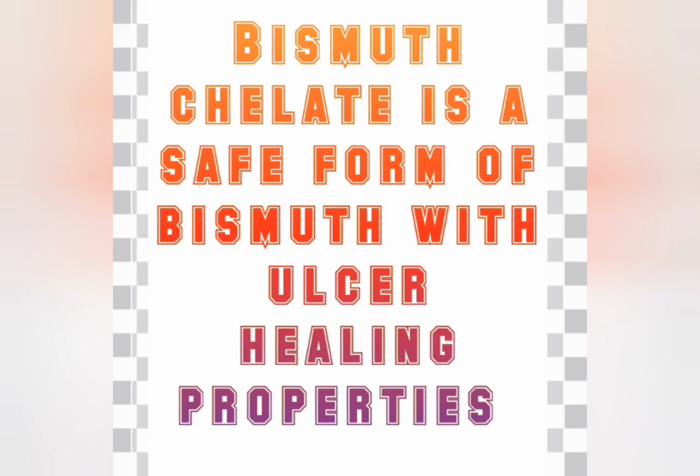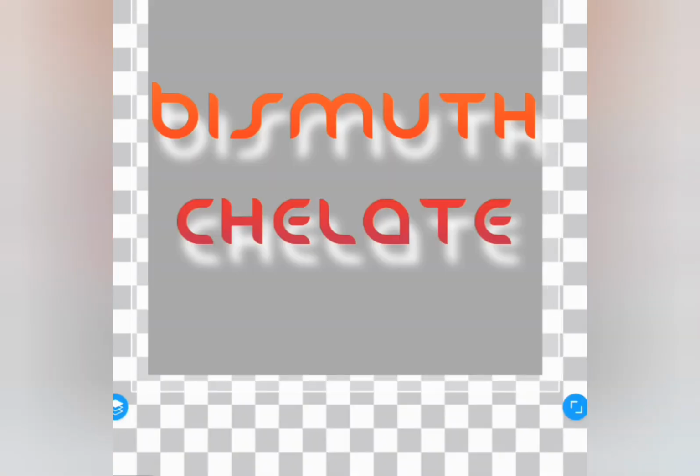Bismuth is toxic to H. pylori, Helicobacter pylori, and it is one of the first agents used to eradicate this organism and reduce the occurrence of ulcer.